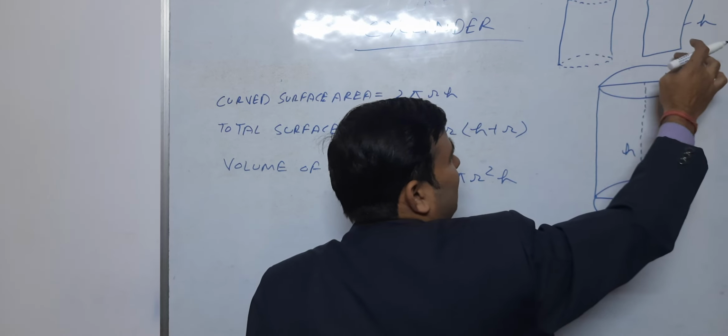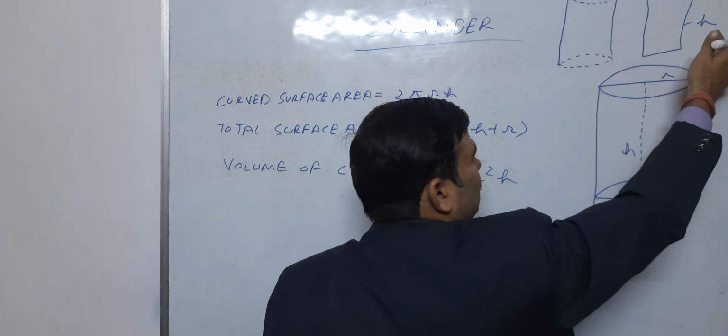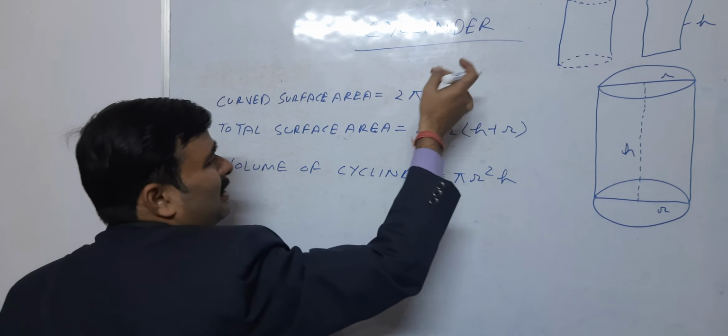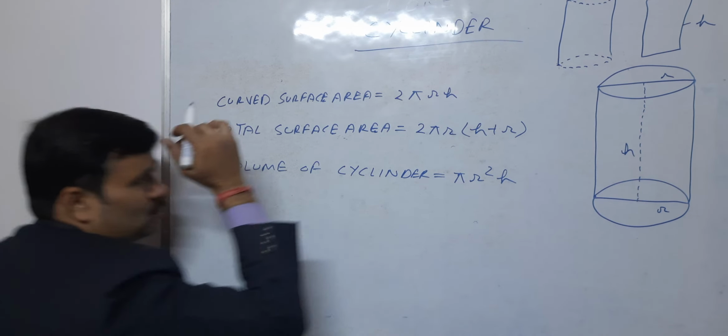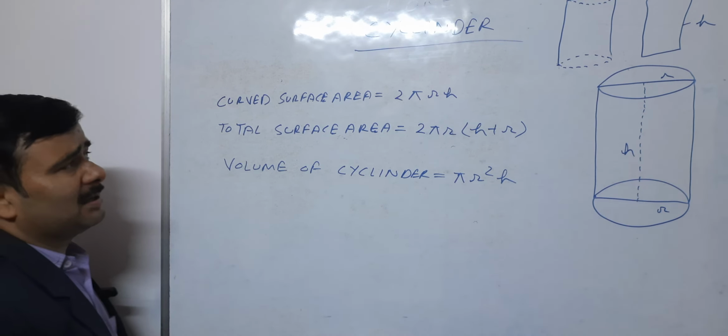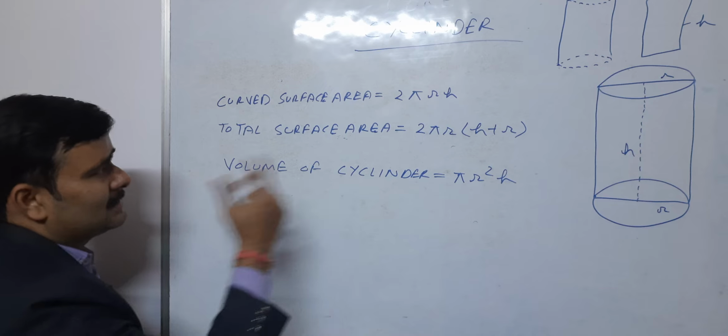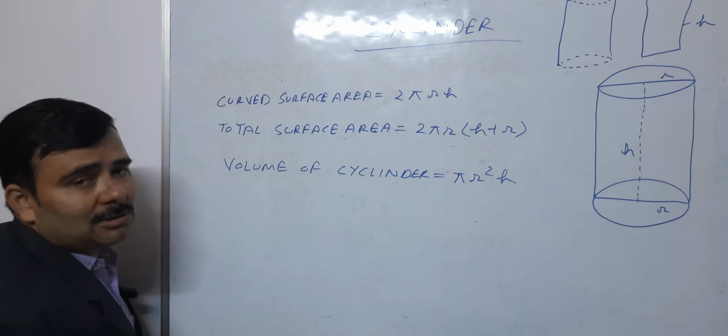With the formula of a rectangle, area of rectangle is length into breadth. Here the length is h and the breadth is 2 pi r. With the help of this, we can calculate the curved surface area of a cylinder.